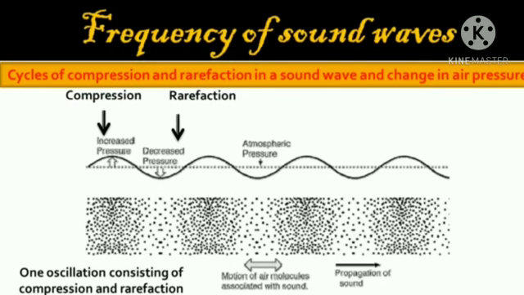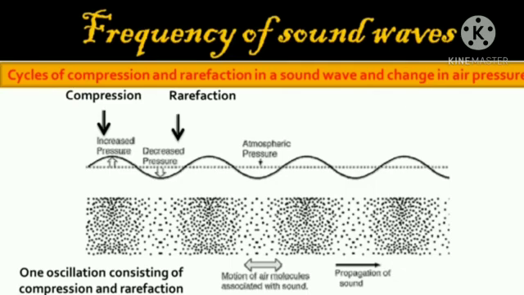Let us see what frequency is. One compression and one rarefaction together form one cycle of the wave, and the number of cycles formed in the air in 1 second will be decided by the number of times the prongs of the tuning fork vibrate back and forth, that is, the number of vibrations of the tuning fork in 1 second.